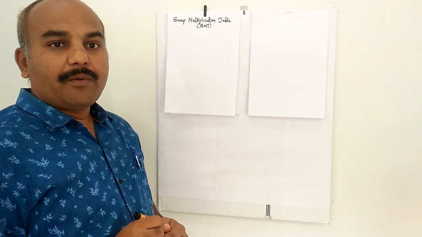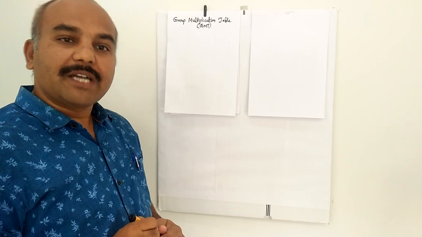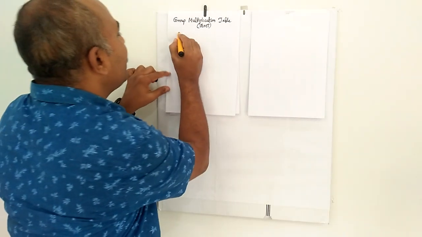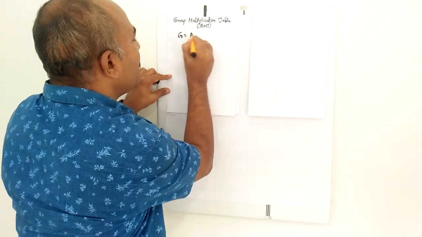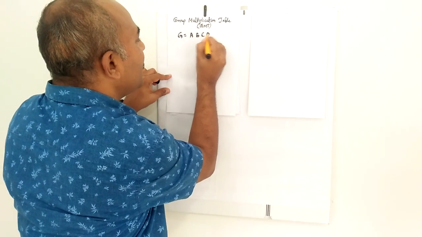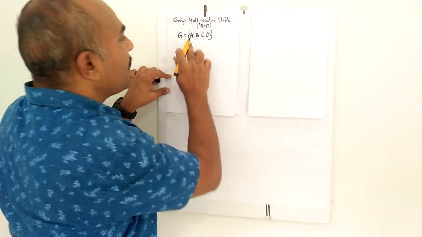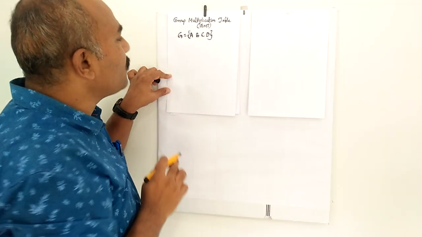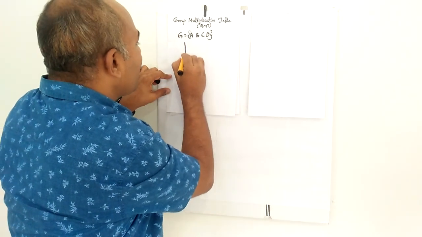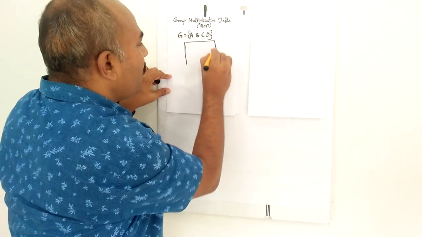For example, we can take a group consisting of four elements. G is the group consisting of the four elements A, B, C, D. Then the group multiplication table for this group G consists of 4 columns and 4 rows.